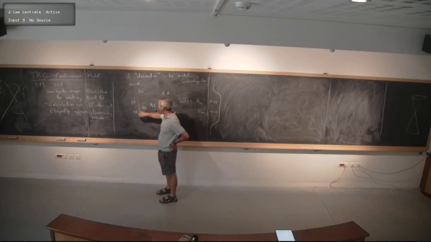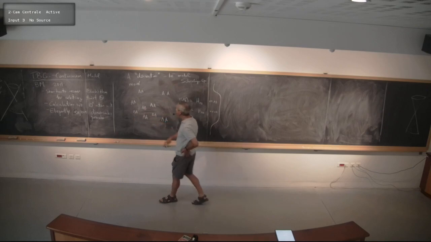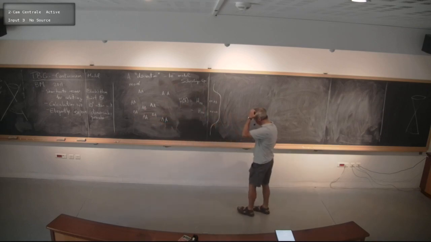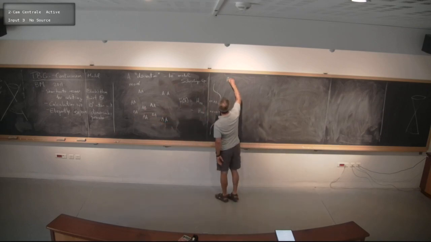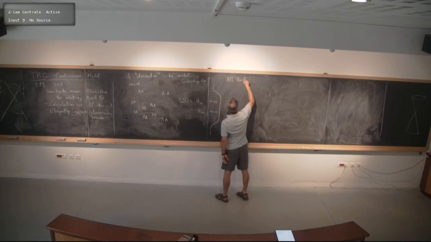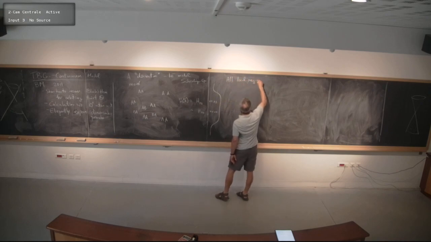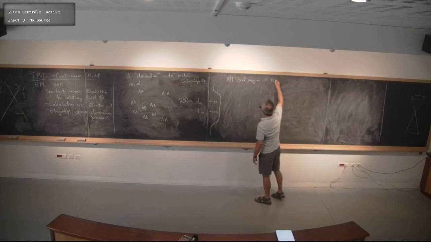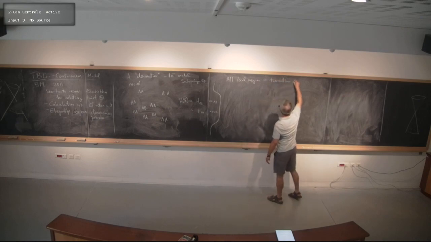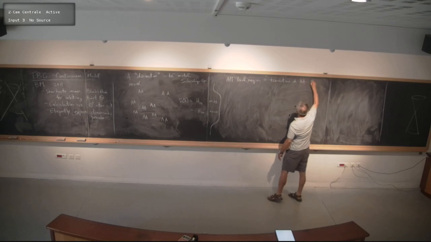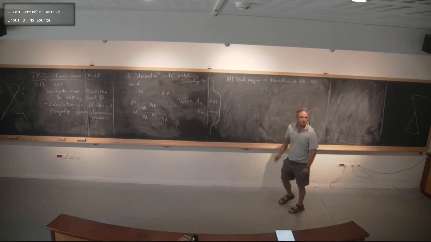If we translate it down, we'll turn it into BA. So we can view all local regions as just basically translations of AA untwisted bilayer graphene, no twist.